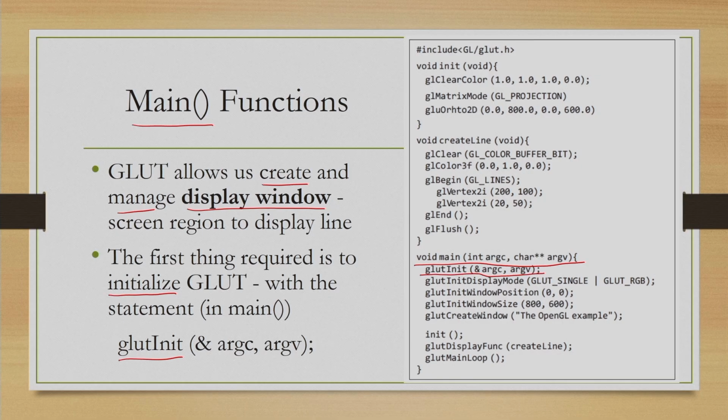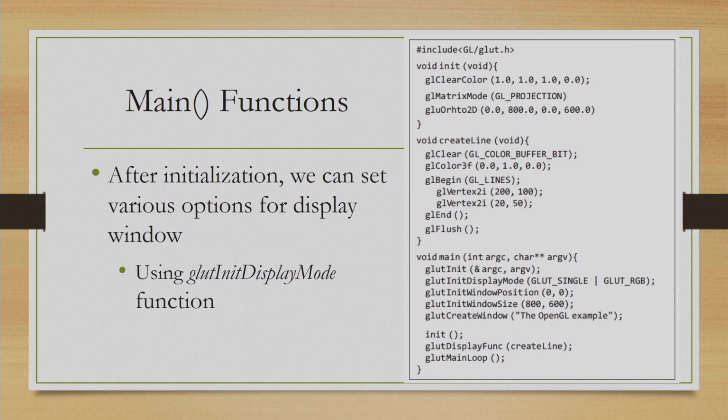This is the initialization function that is required at the beginning. After initialization, we can set various options for the display window using the function glutInitDisplayMode as shown in the second statement. So, what are these options?